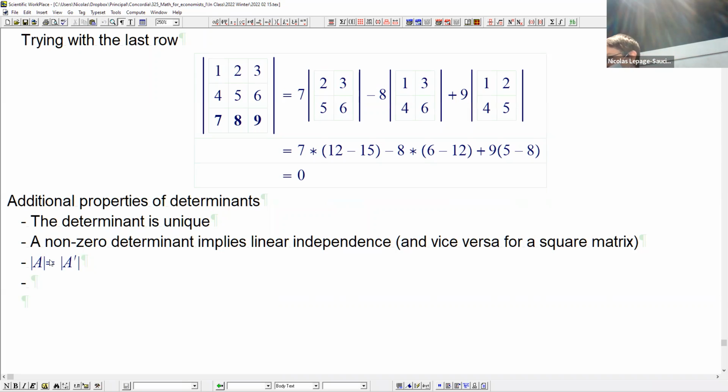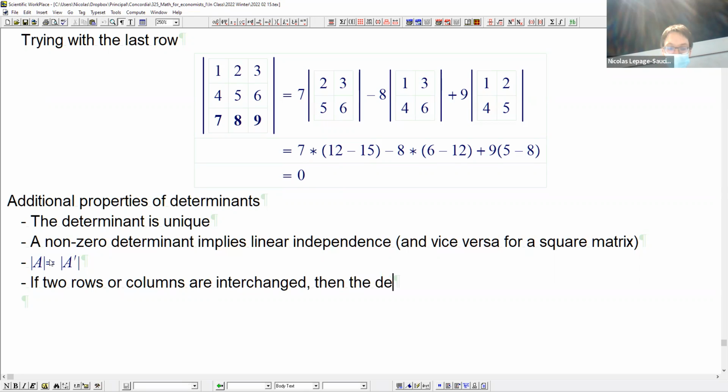Some other property. So if two rows or columns are interchanged, then the determinant changes sign.